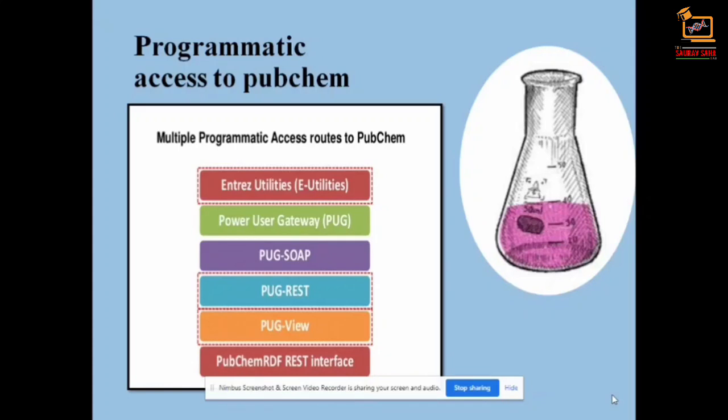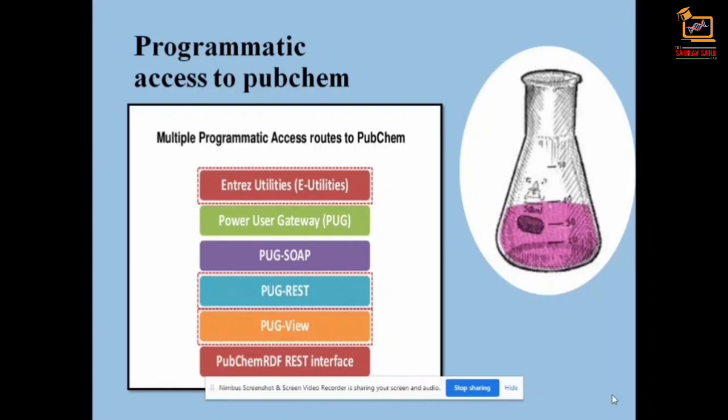PUG REST provides a representational state transfer style web service that supplies a specific bit of information on one or more PubChem records. PUG REST is a simplified access route to PubChem without the overhead of XML or SOAP envelope data required with PUG and PUG SOAP. PUG REST also provides convenient access to information on PubChem records not possible with the other PUG views.